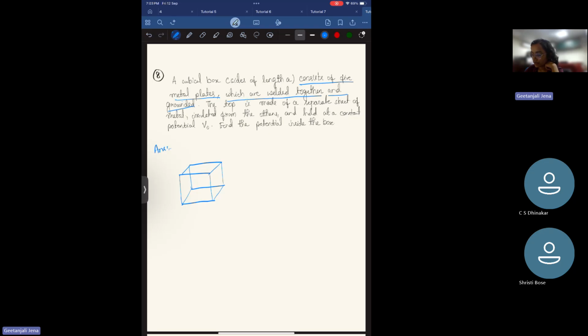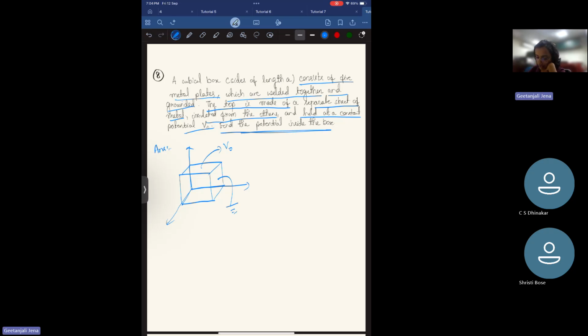So 5 of its surfaces are welded together and grounded: the front, back, left, right, and the bottom. And the top is made up of a separate sheet of metal, insulated from the others and held at a potential of V0. So this is at V0. Find the potential inside the box.